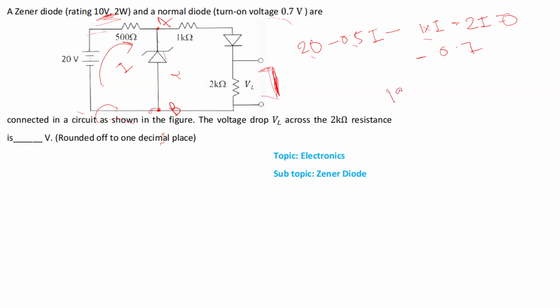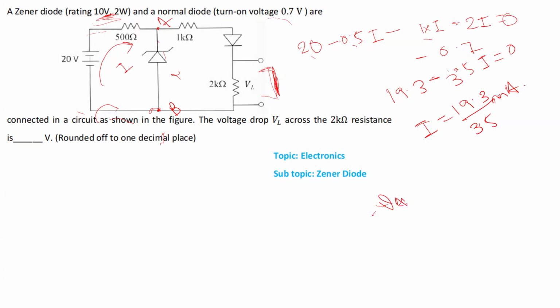So it will be 19.3 minus 3.5 I equal to 0. So I will be 19.3 by 3.5, right? Milliampere.